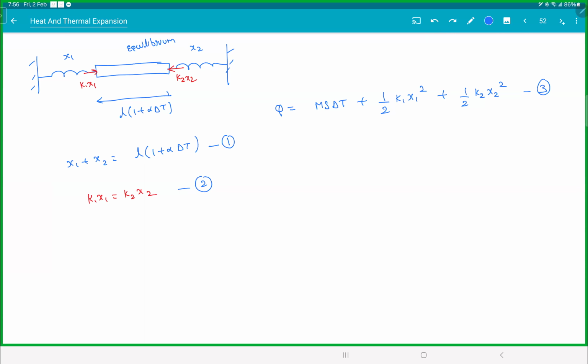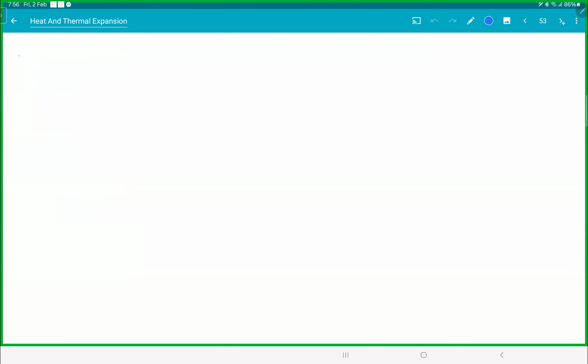Next one. Last one for the day. Easy one. Specific heat S is given by A T cube. S is not constant basically. A is constant, T is temperature in Kelvin.